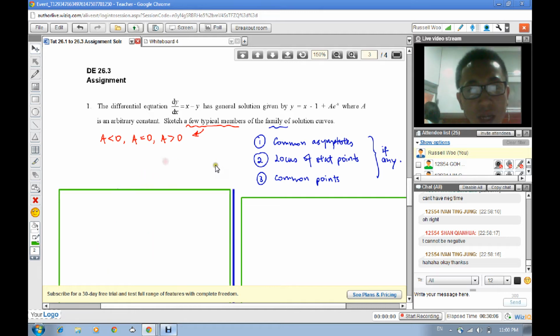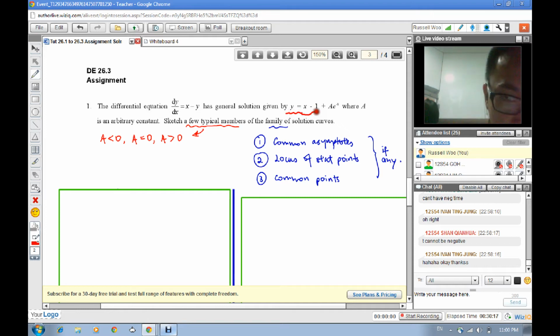Now, how do we check common asymptote? Common asymptote is definitely found from the general solution.